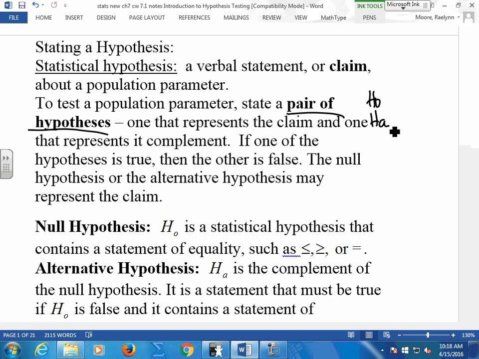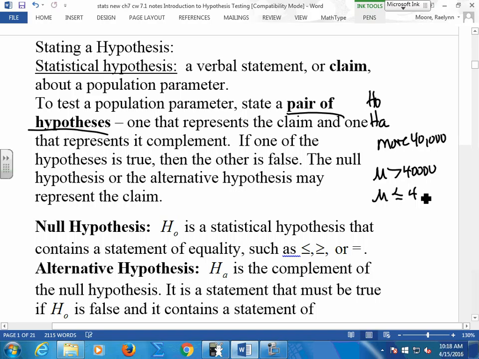If I say that my tires go more than 40,000 miles, the opposite of this is less than or equal to. So one is going to be a null, and the one with the equal sign is the null. The one without the equal sign is the alternate.